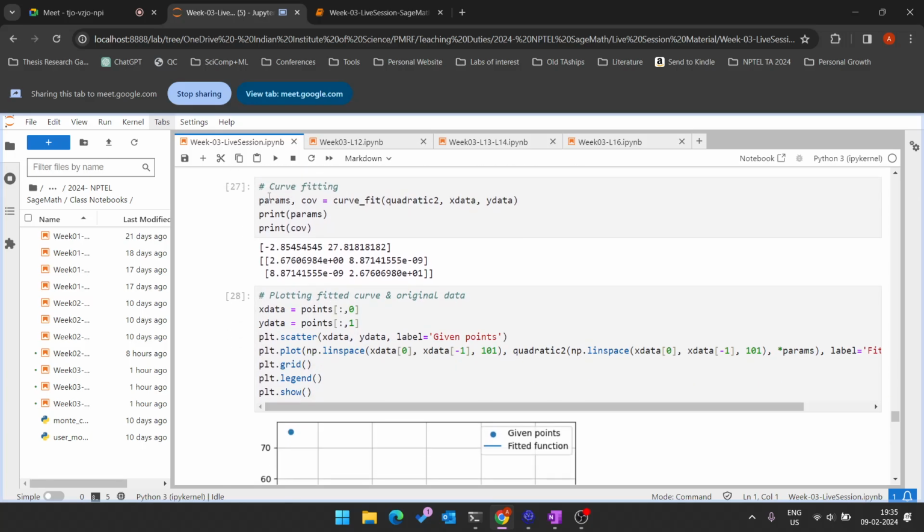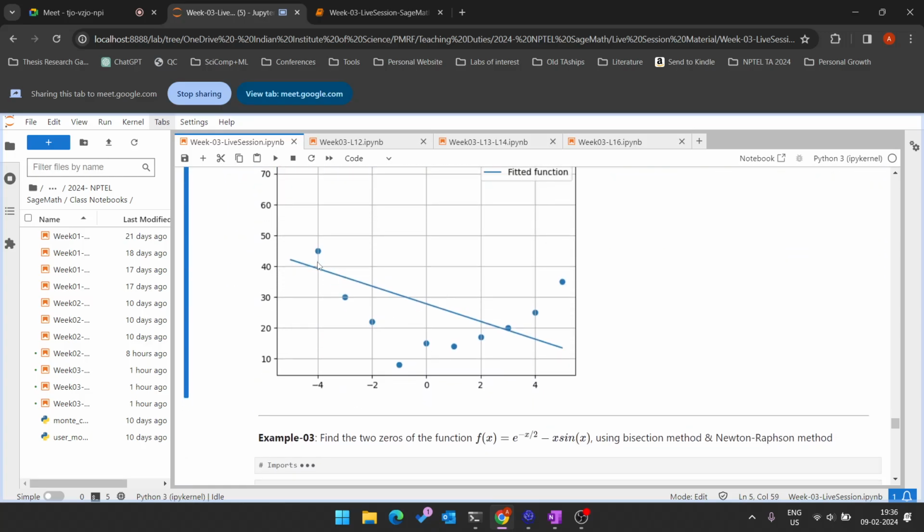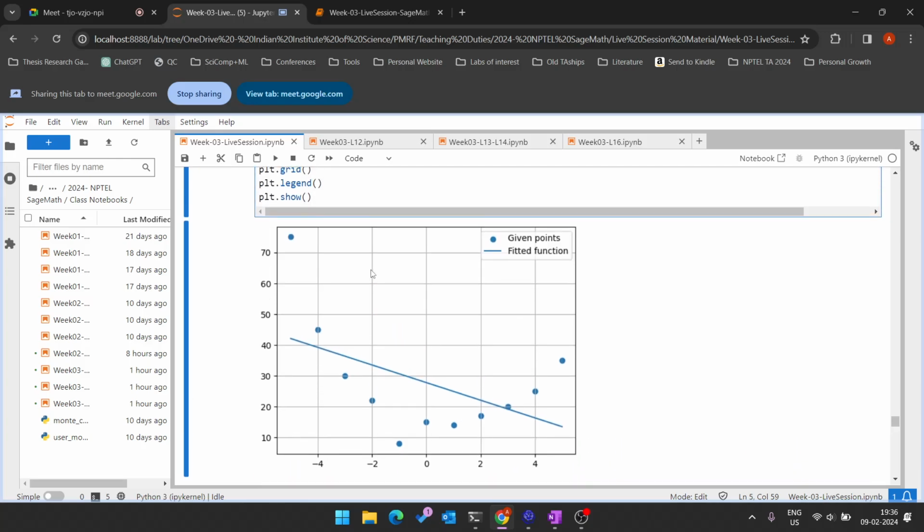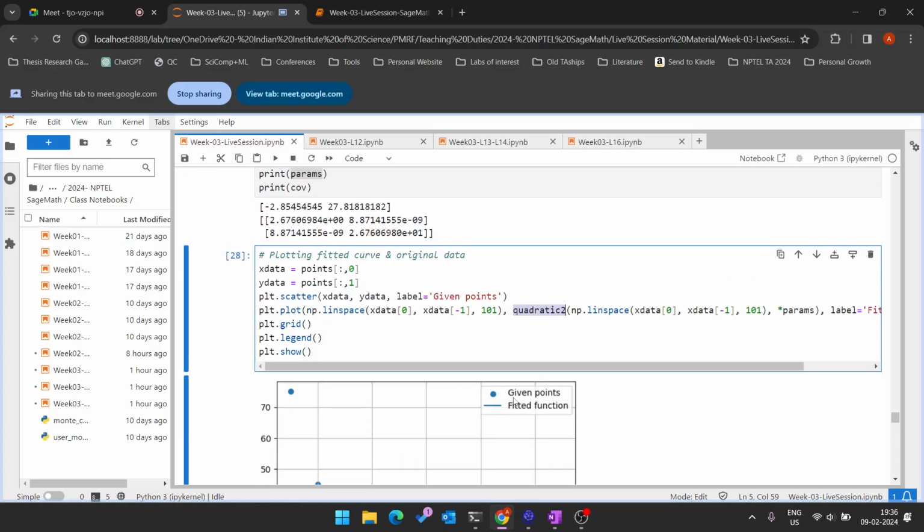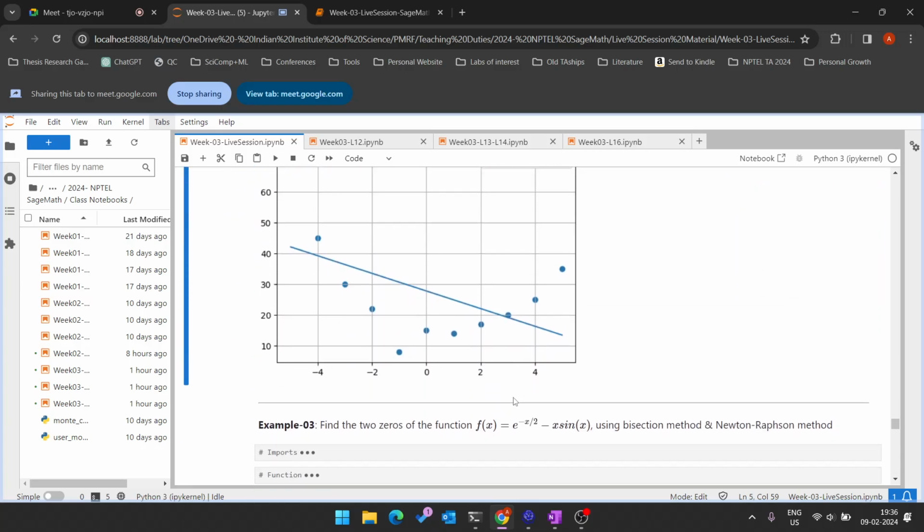And then when we find out the parameters and covariance matrix, we use the parameters to fit our linear data. We can see that the output linear line that we are getting poorly represents the given points. So perhaps after all, quadratic was a good choice.